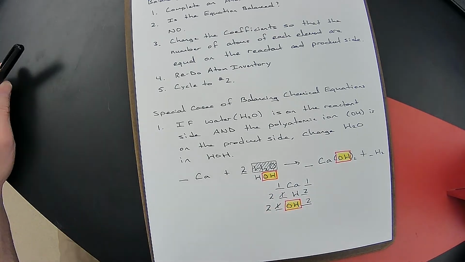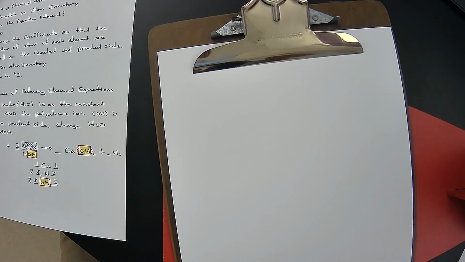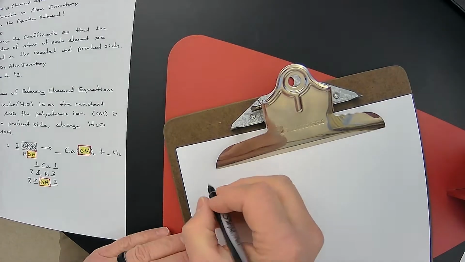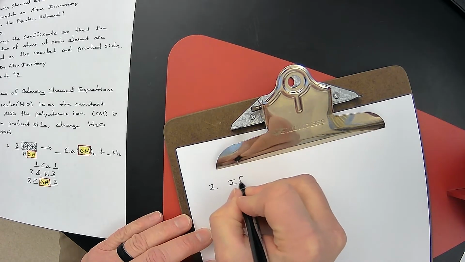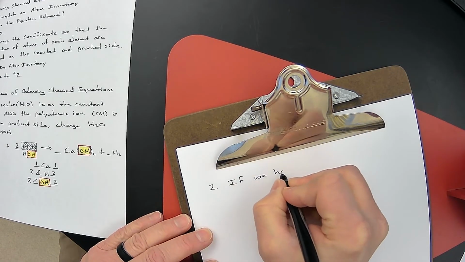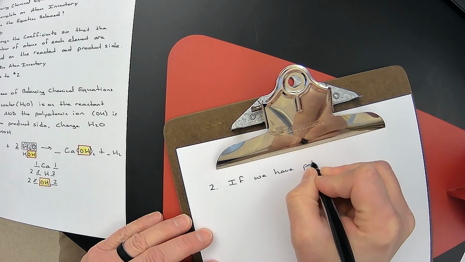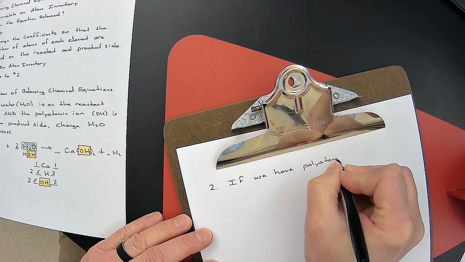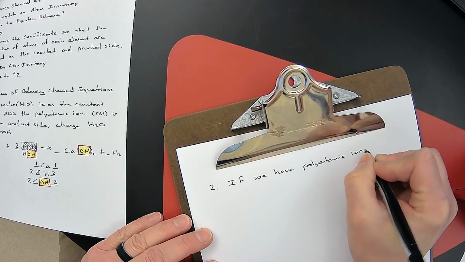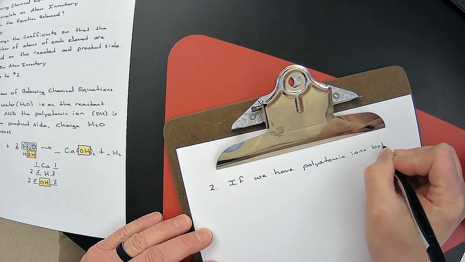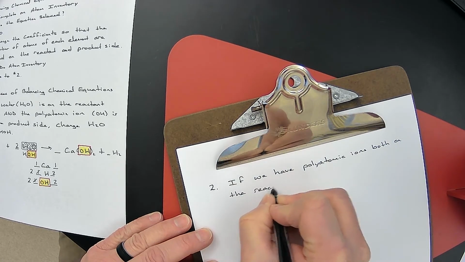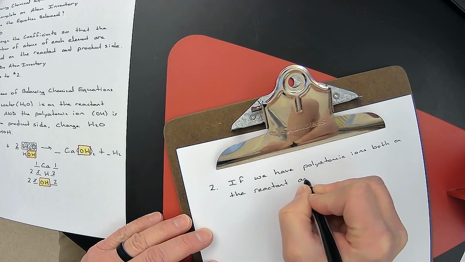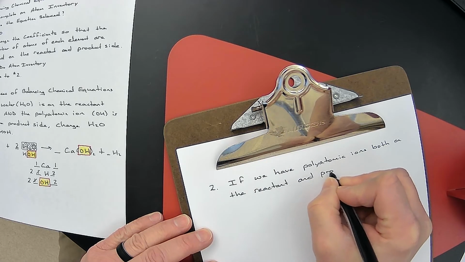The second special case that I would like to show you is if we have polyatomic ions both on the reactant and product side.